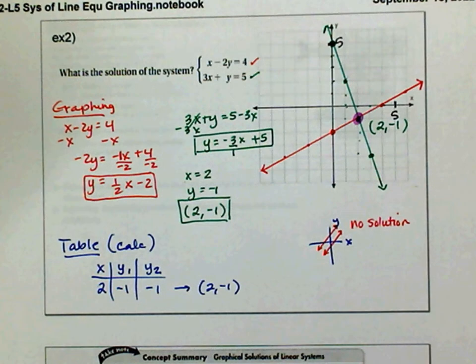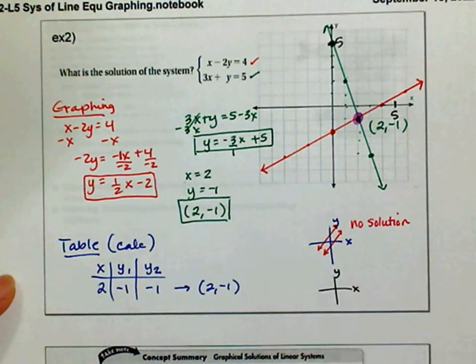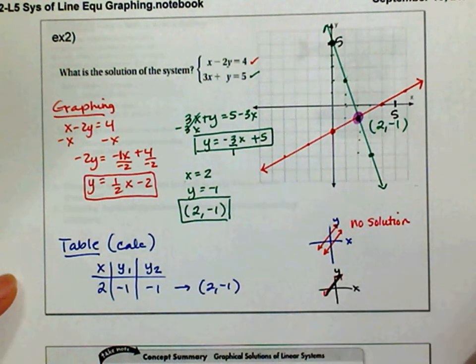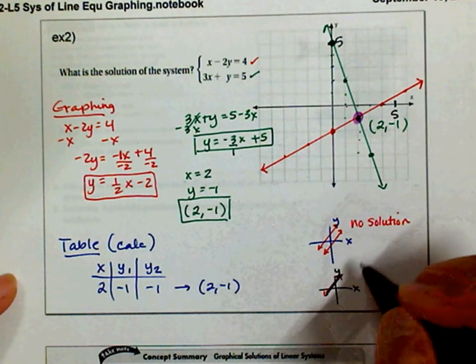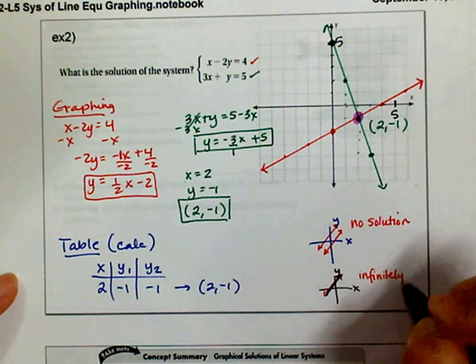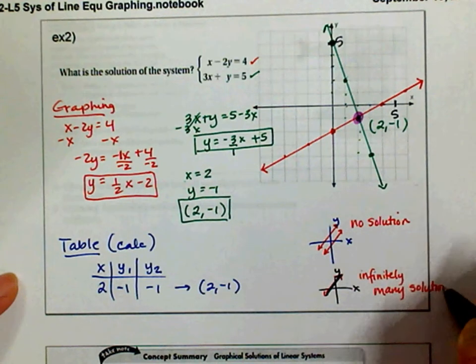If you are graphing and it is one line on top of the other, just like that, they're exactly the same, your answer is infinitely many solutions. So hopefully we'll talk about that in just a little bit. All right.